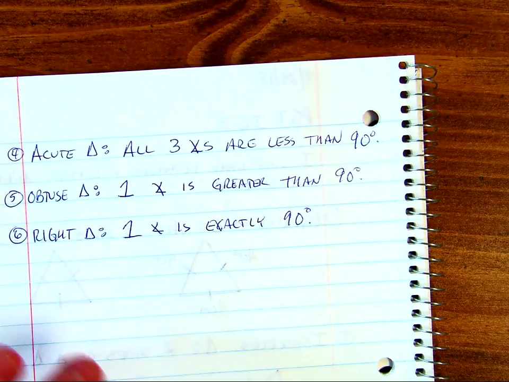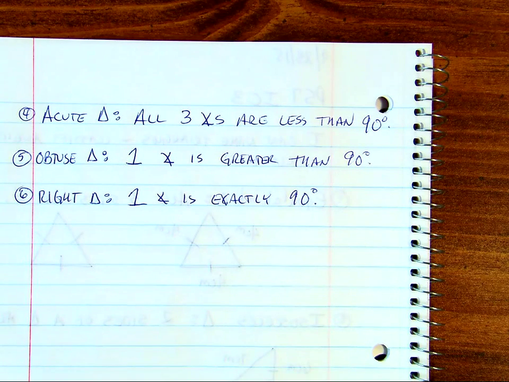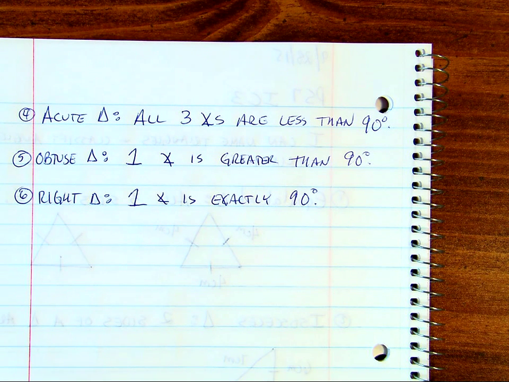So those are the 3 definitions. Acute, all 3 angles are less than 90. Obtuse, 1 angle is greater than 90. And a right triangle, 1 angle is exactly 90 degrees.